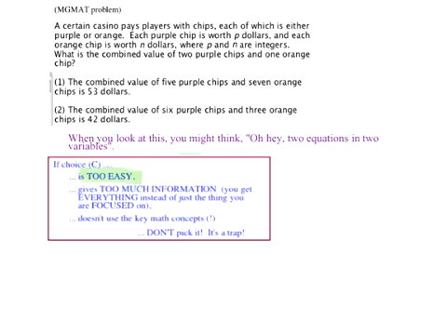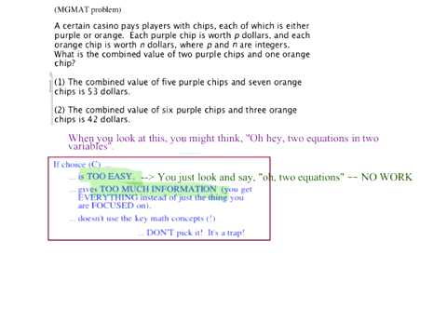Like here, it's definitely too easy. You're just looking at it and saying, oh, 2 equations, and you're not doing any work. In other words, you're not doing any work. It's too much information, right? You're not thinking about the goal expression.